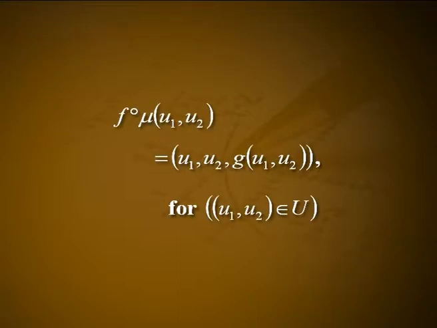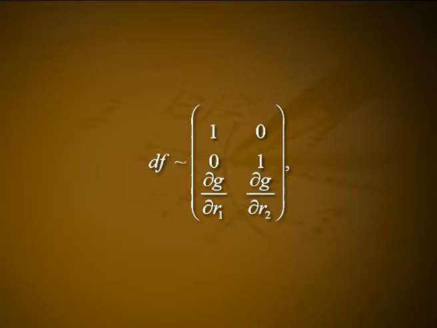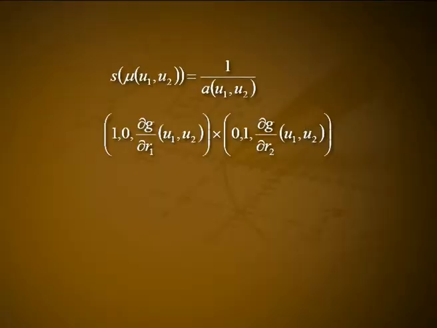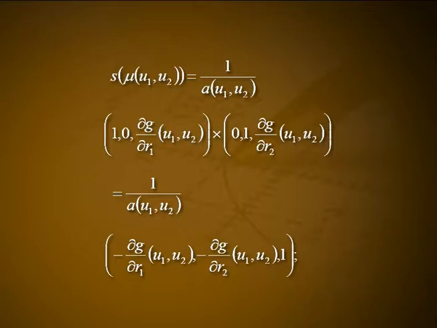Moreover, since p composite f composite mu is equal to identity on U, f composite mu of u1 u2 is equal to (u1, u2, g of u1 u2) for (u1, u2) element of capital U, where g is equal to r3 composite f composite mu from U to R. Thus, if x1 x2 are the coordinate functions on mu(U), then the matrix df relative to this coordinate system is (1 0; 0 1; dou g by dou r1, dou g by dou r2), and the spherical map on mu(U) is given by S of mu(u1, u2) is equal to 1 by a(u1, u2) into (1, 0, dou g by dou r1)(u1, u2) cross (0, 1, dou g by dou r2)(u1, u2), which is equal to 1 by a(u1, u2) into (minus dou g by dou r1, minus dou g by dou r2, 1)(u1, u2).